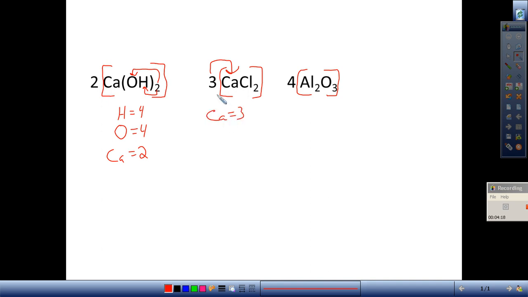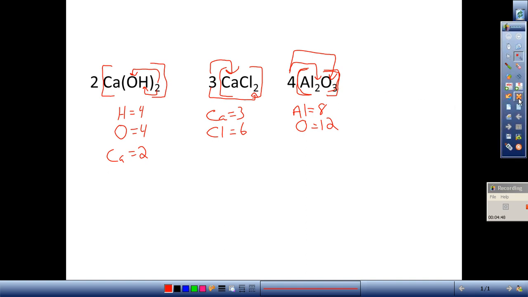So I have 3 Cas. And I have 3 times 2 Cls, so I have 6. And over here, 4 times 2 aluminums, for 8 aluminums, and then 4 times 3 oxygens, 12 oxygens. All right, so again, make some brackets, and just distribute the coefficient.